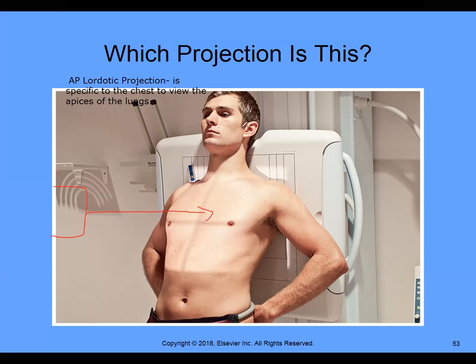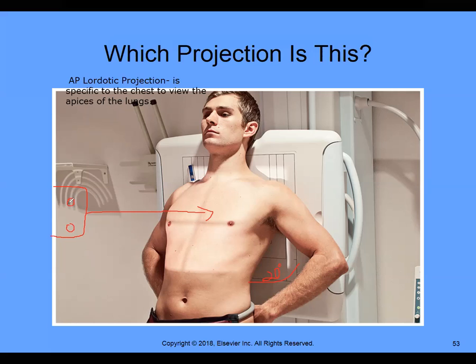But as you can tell, he's not standing straight. So from here to here, there's like a 20-degree angle. Remember, anything that's more than 10 degrees is considered axial. So even though the central ray is not angled, the patient is angled.